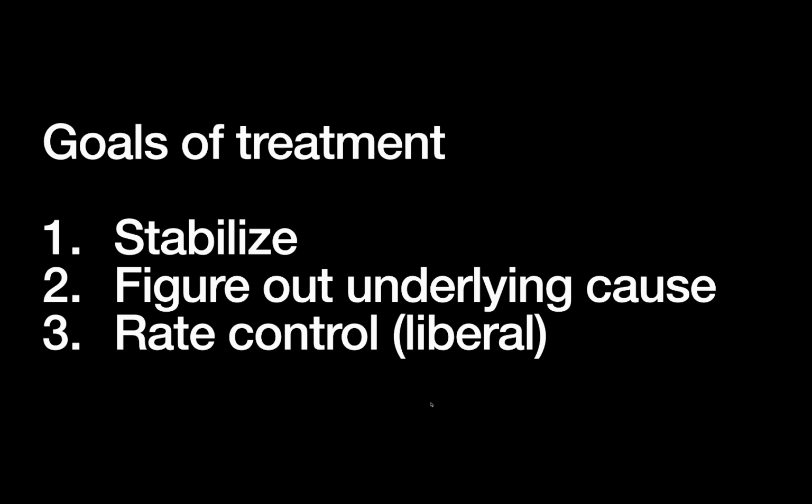But at the end of the day, if you haven't corrected the underlying cause, they will still be constantly predisposed to going back into atrial fibrillation. Once you've identified an underlying cause and are working to address that, you can also think about rate controlling them, and liberally rate controlling them, not trying to drive their heart rate down as low as possible.